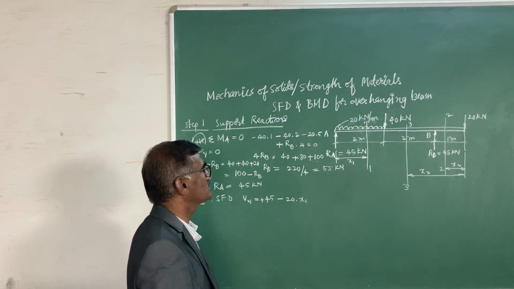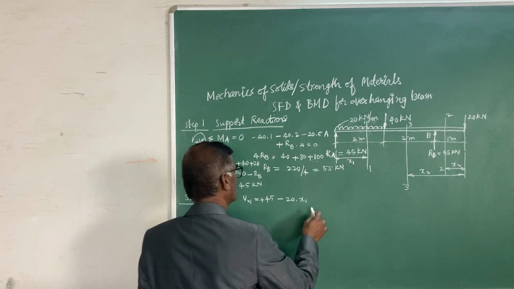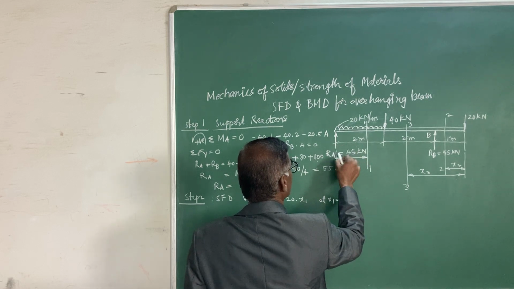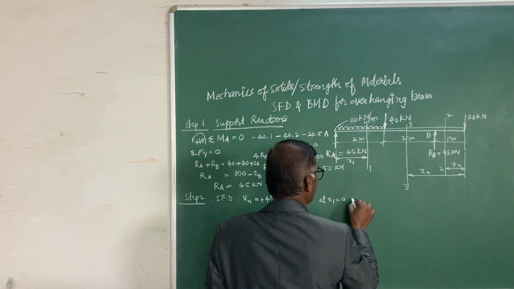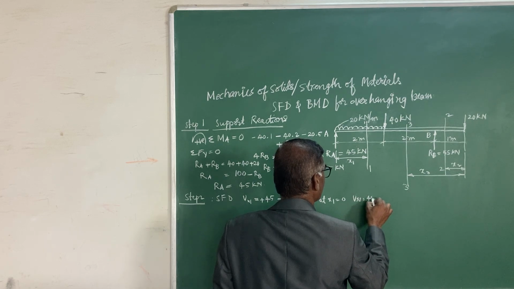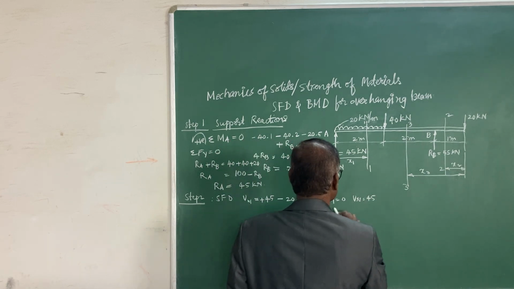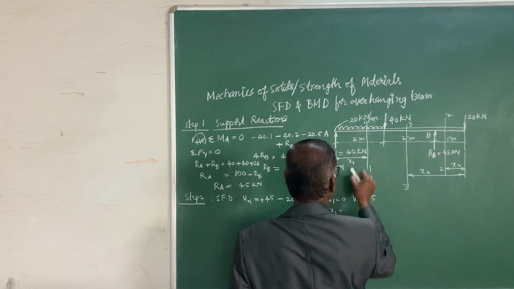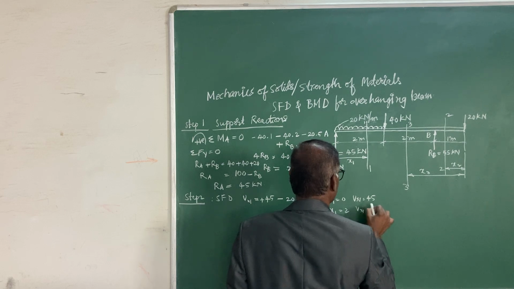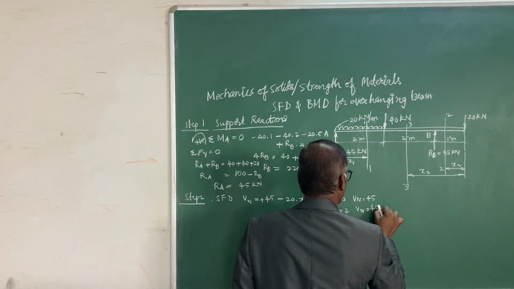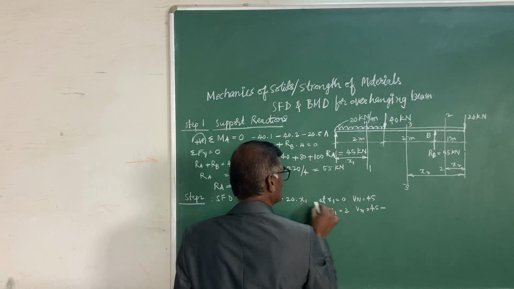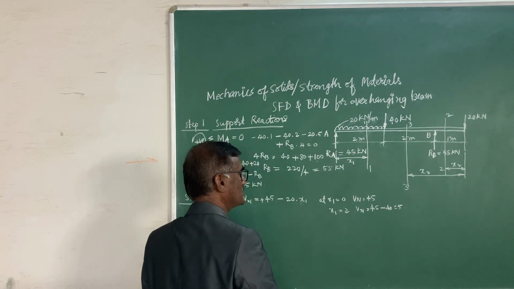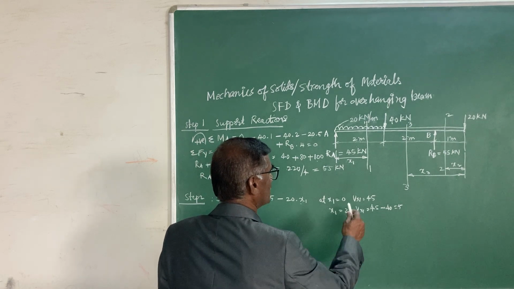So this is exactly the shear force equation, and at x1 equals 0, your shear force is 45. So Vx1 is 45, and at x1 equals the end of it, that is 2 meters, your Vx1 becomes 45 minus 20 into 2, that is 40, and the value is 5. So at these two salient points, you got 45 and 5.